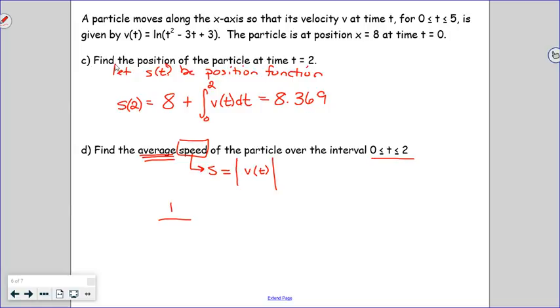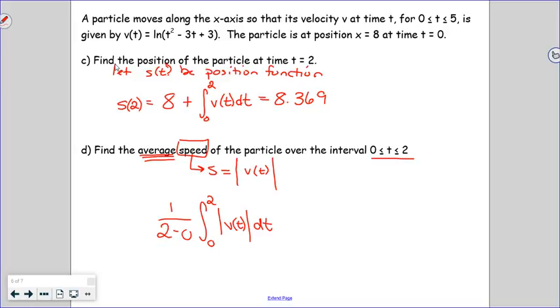We are doing this on the interval from 0 to 2. So our b and a would be 2 minus 0: 1 over 2 minus 0 times the integral from 0 to 2 of speed, so I'm going to put in here the absolute value of our velocity function dt. That is how we find the average of a function: 1 over the difference in your interval times the integral from a to b. When you type this in, do I have to type in the absolute value?